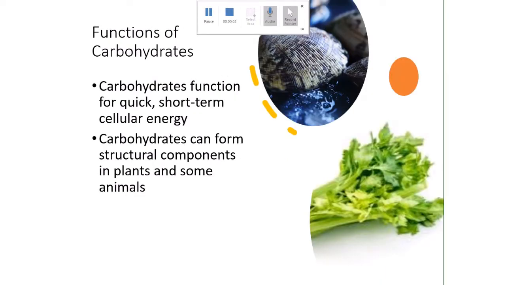Carbohydrates are important for providing quick short-term cellular energy. Take glucose, for example: we can burn that relatively quickly and convert it into a usable form of energy that can power our cells. We can use that energy to, say, move the muscle, or to do transport work within the cell, and that's one major function of carbohydrates.